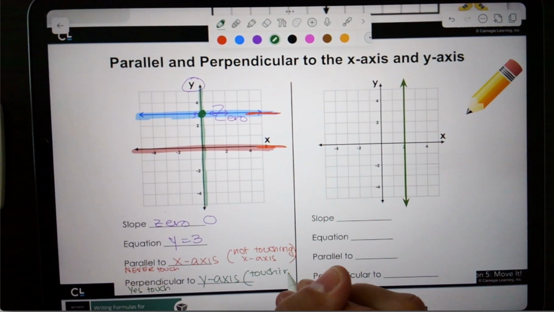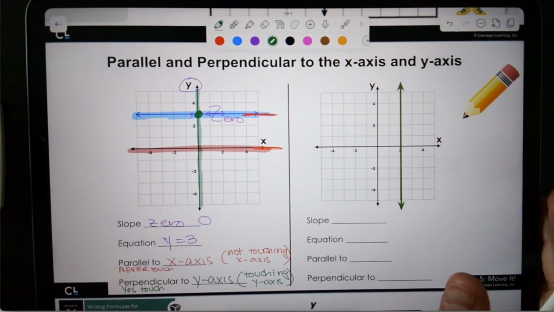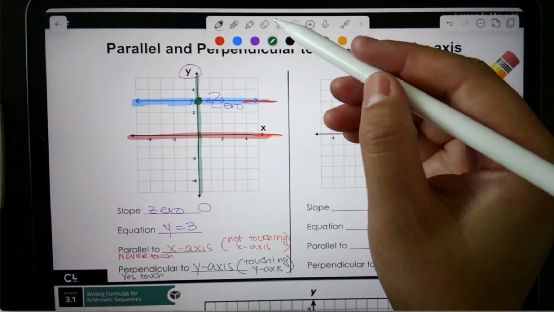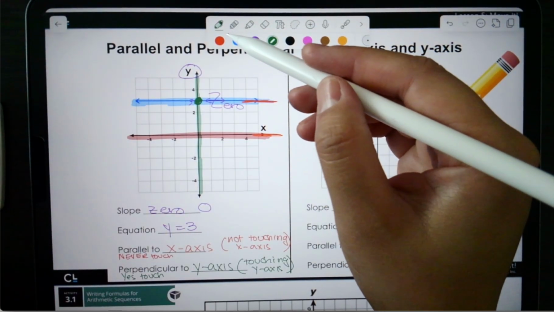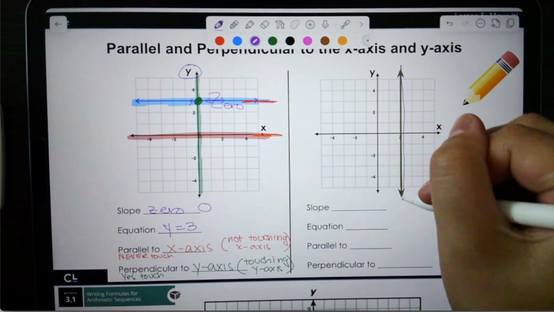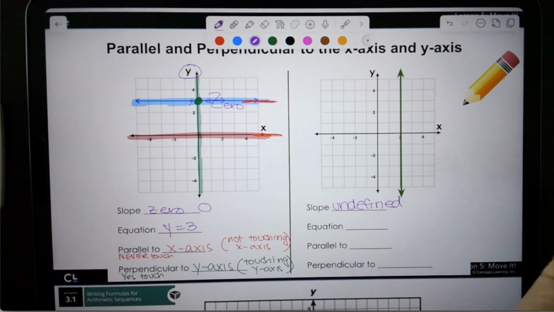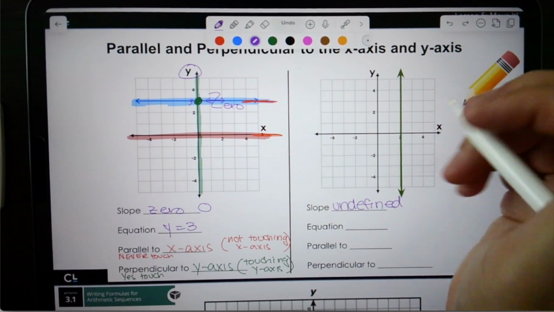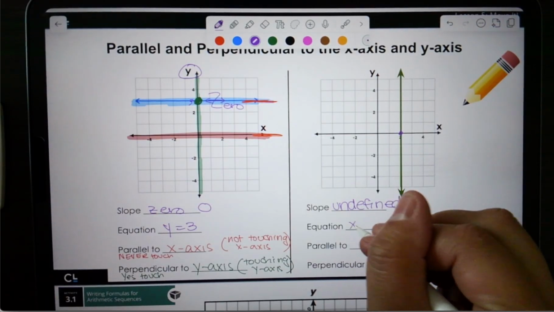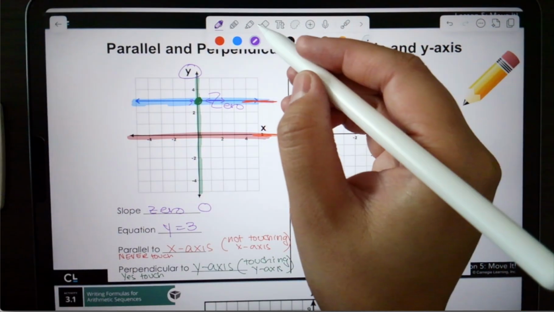Touching y-axis. Okay, now if I go to the next one over here, I have my slope is up and down, so that's undefined, and my equation is touching the x-axis at 2, x equals 2.